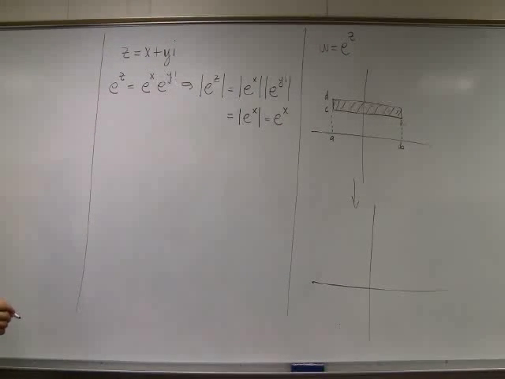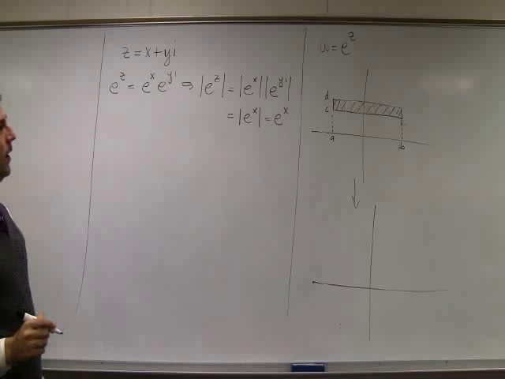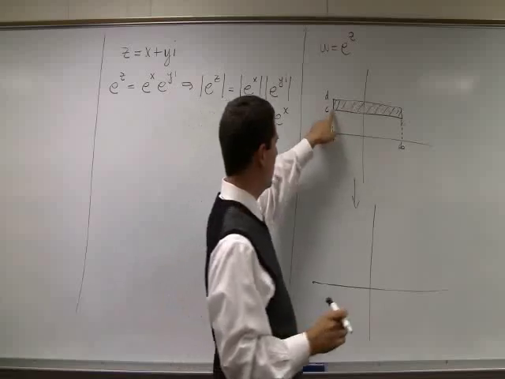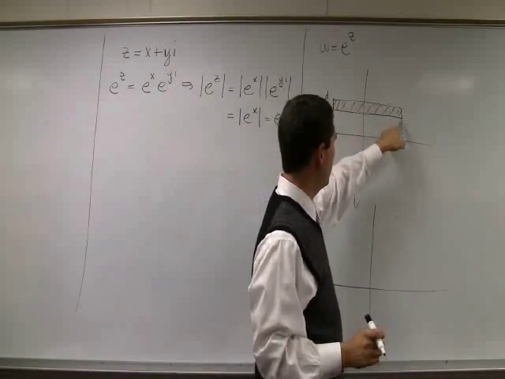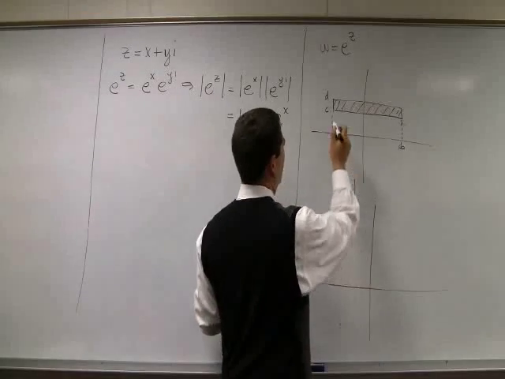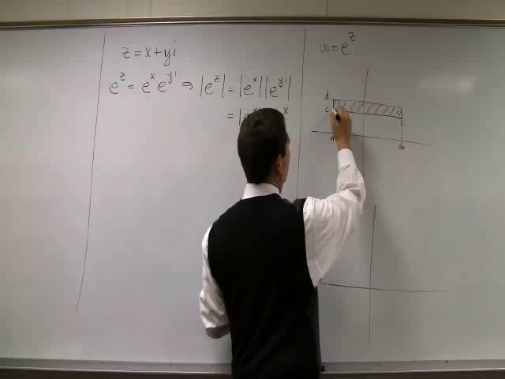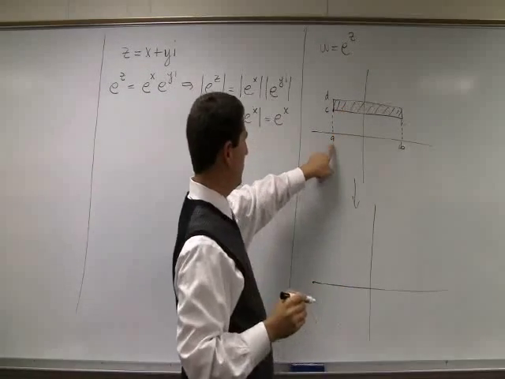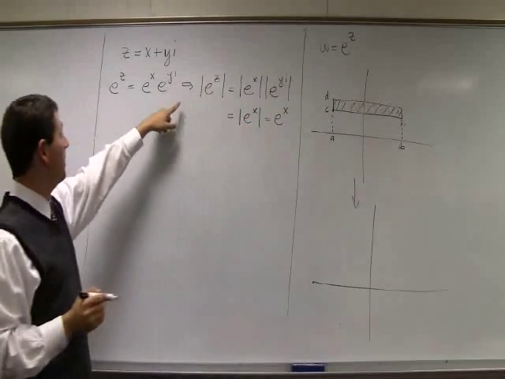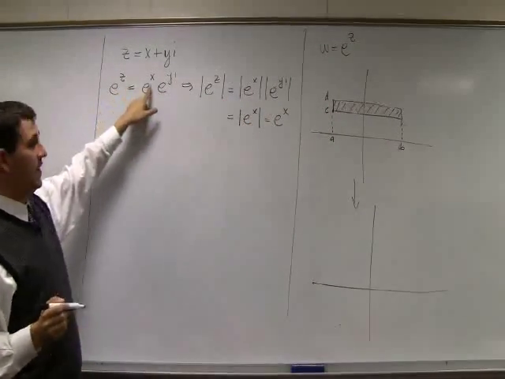Okay. So, what's going to happen as you move along this line to the norms of the elements? If you're at this point here, this looks like a plus ci. According to this formula, the norm is just e to the a.